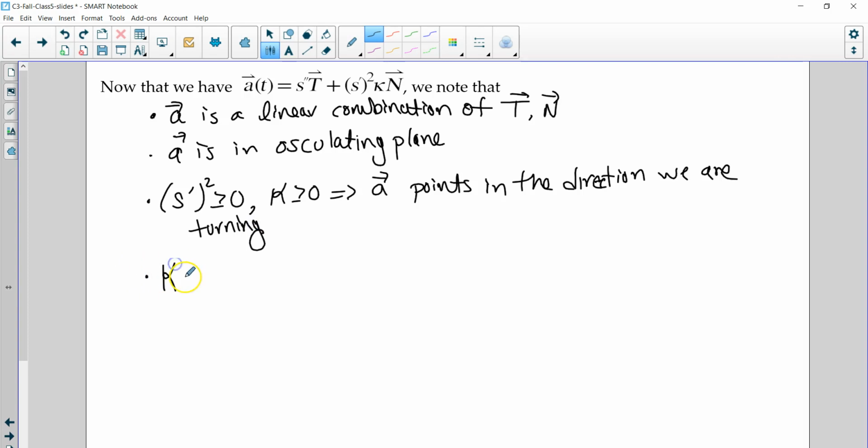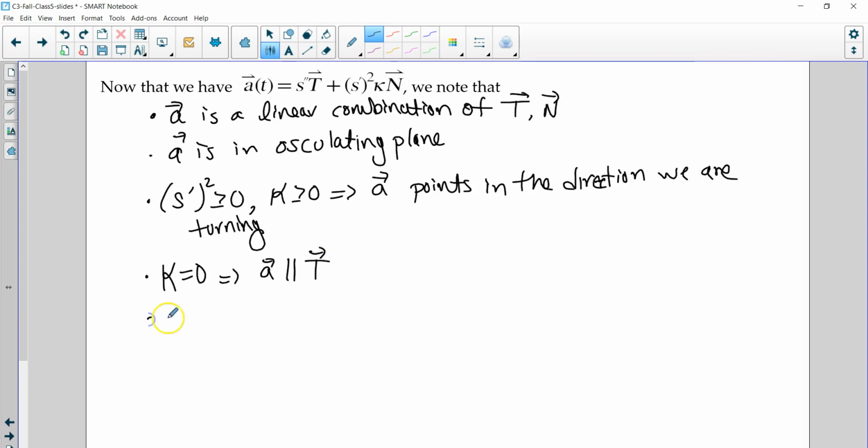Fourthly, if kappa is equal to 0, so if we have no curvature, then we have no normal component, and therefore our acceleration vector is just parallel to our unit tangent vector, or the tangential component.